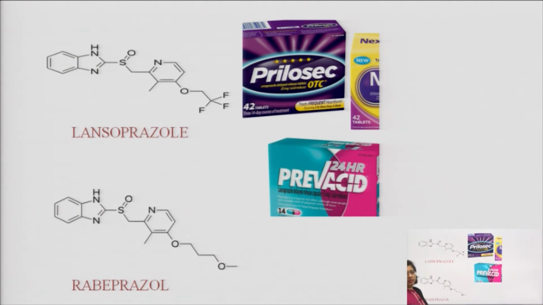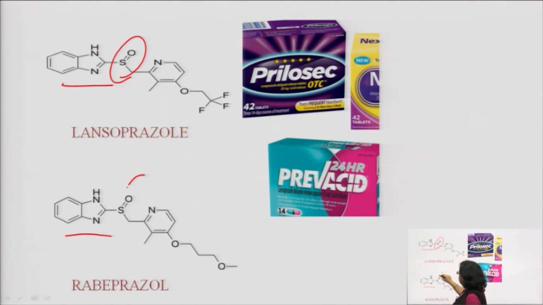Now, we see individually how they look structure-wise: lansoprazole, rabeprazole, pantoprazole. Here lansoprazole is there and rabeprazole is there. If you compare these two structures, you will find benzimidazole is common in both cases. This sulfinyl group is also common, and pyridine group is also common.